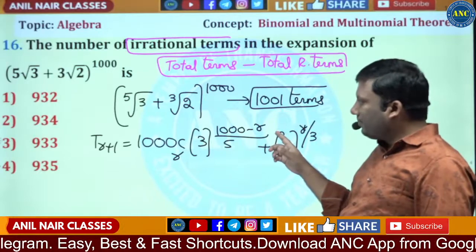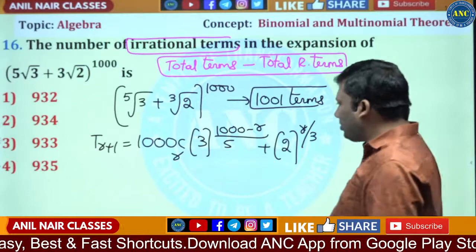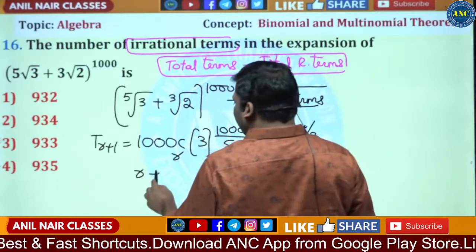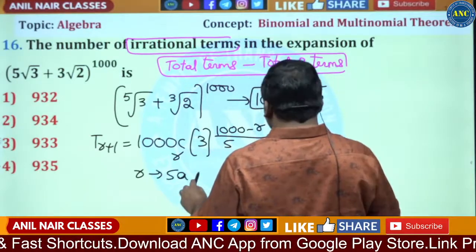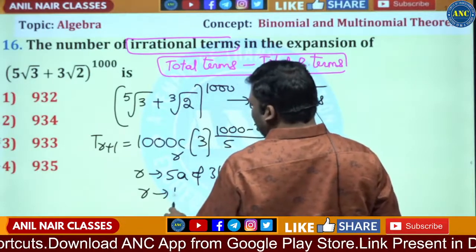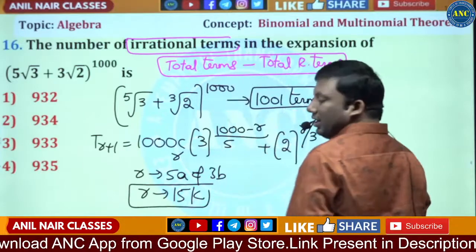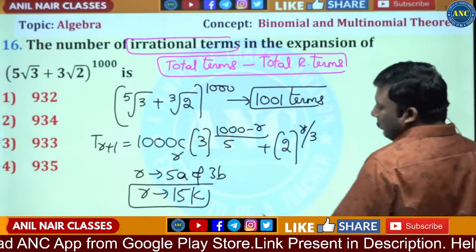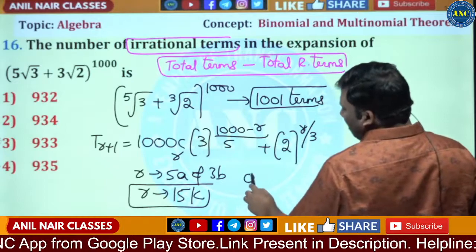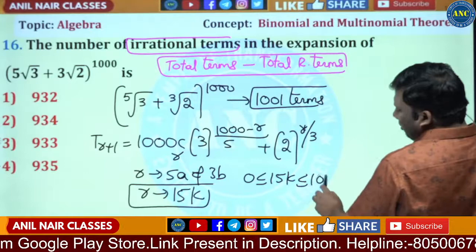Now if you see, 1000 is divisible by 5. That means r should be divisible by 5, and r should also be divisible by 3. That means r should be divisible by 15. So 0 is less than or equal to 15k, which is less than or equal to 1000.